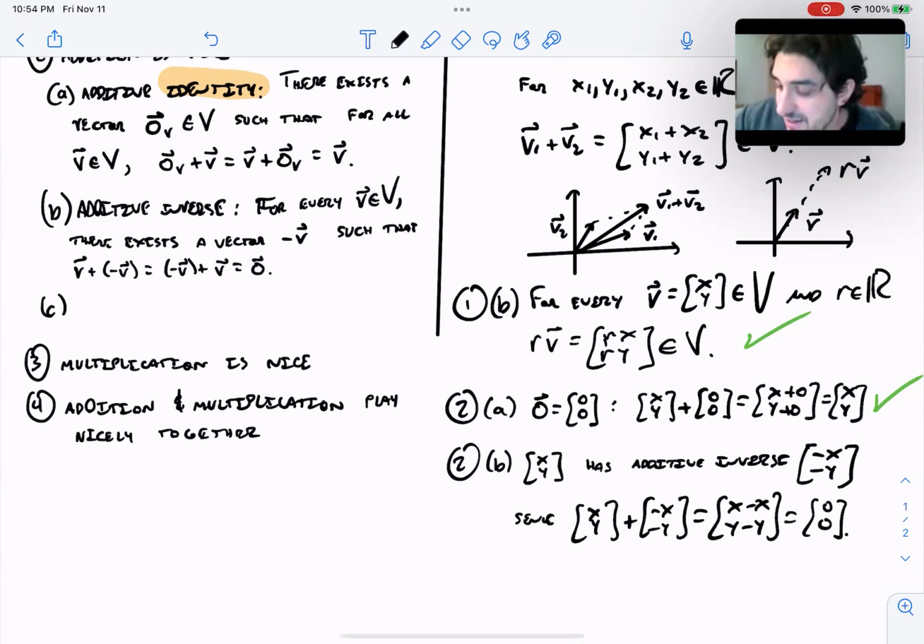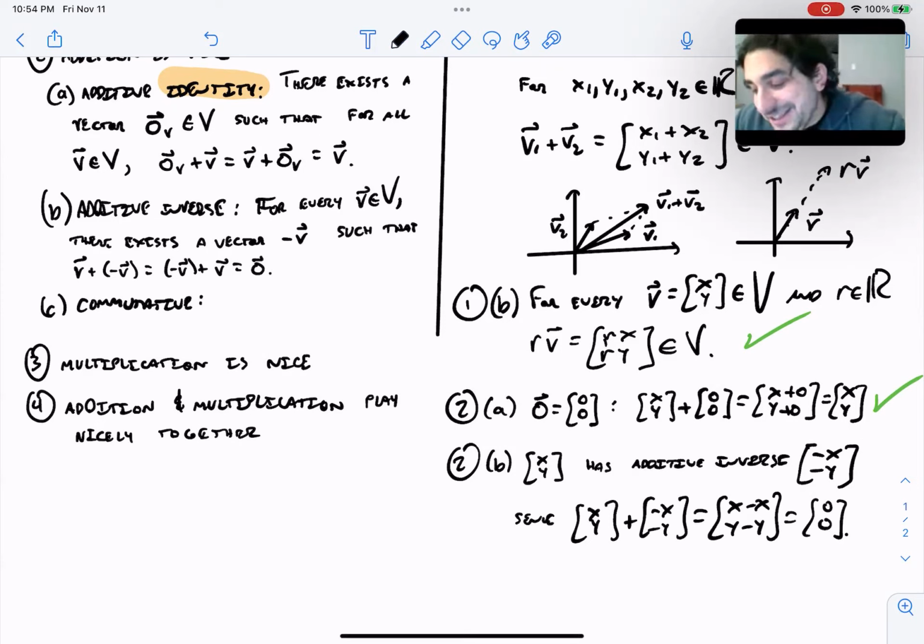All right. The next is commutativity of addition. The commutative one. For some reason, there's a common mispronunciation I hear. That's ironic. What I just mispronounced is, it's not commutative, right? It's commutative.